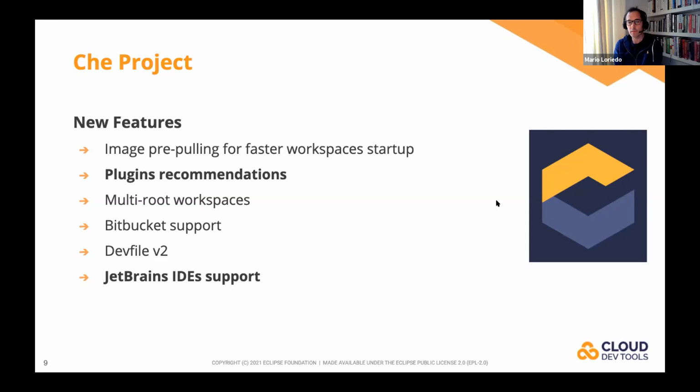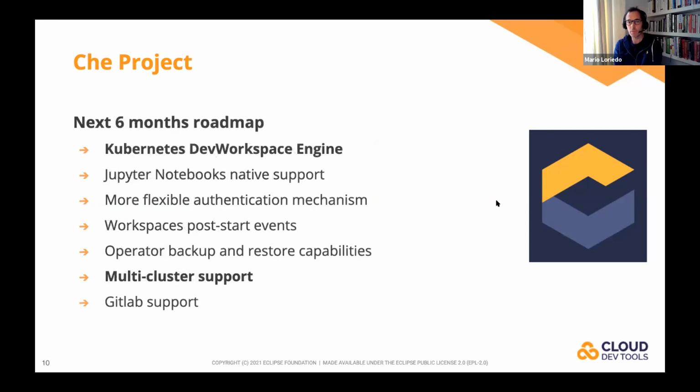So on the next slide, I've added a few things that are coming in the next 6 months. The thing we are working on right now, mainly, is the Kubernetes Dev Workspace engine.